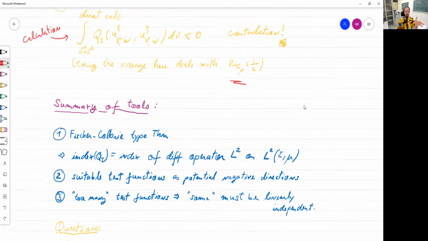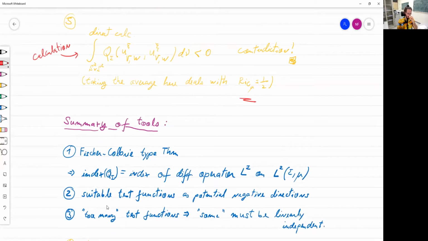So just a quick summary of the tools that we used here. First, the Fisher-Colbury type theorem, which relates the index of the quadratic form on functions with the index of an operator in L2. Second, a suitable test function has potential negative directions, and here is where the geometry comes into play: how to find a suitable test function.